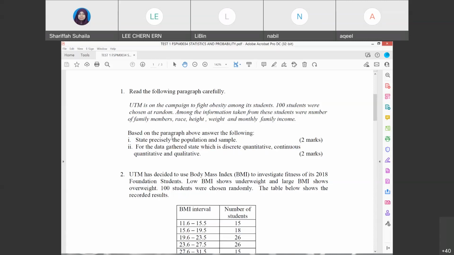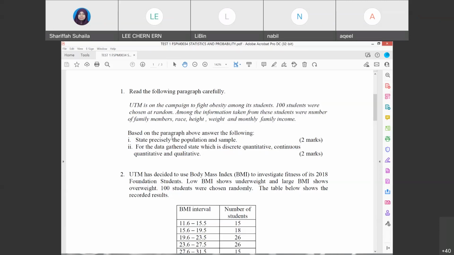Okay, population. Because when we define our population, it is the whole object that you want to investigate. A sample is a subset of your population. So that means all UTM students is your population. For a sample, you take 100 students for your sampling. So these 100 UTM students are your sample.